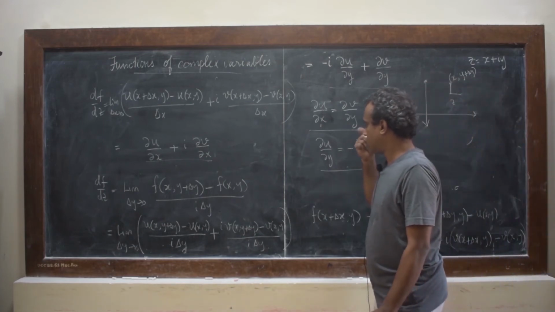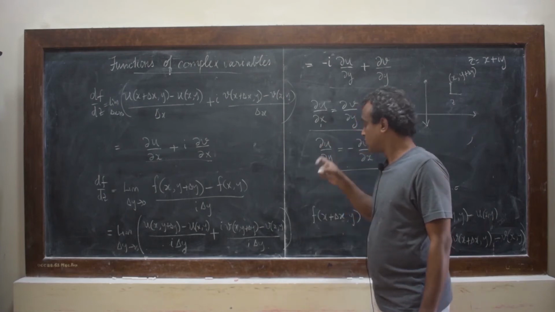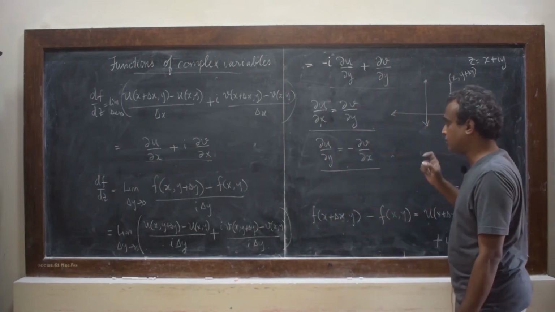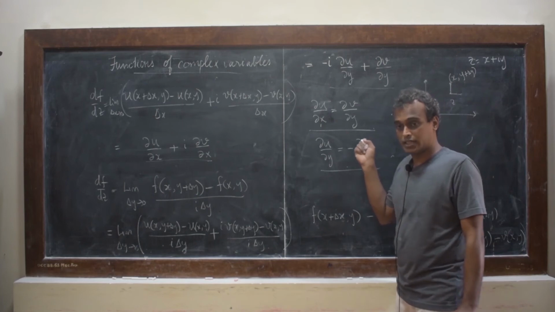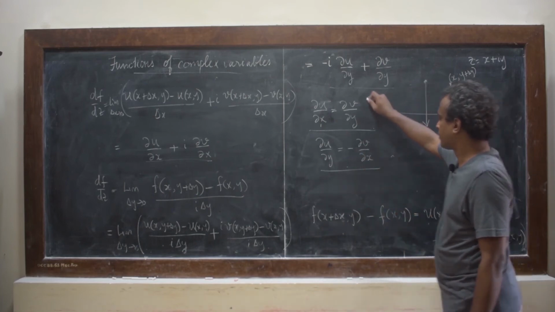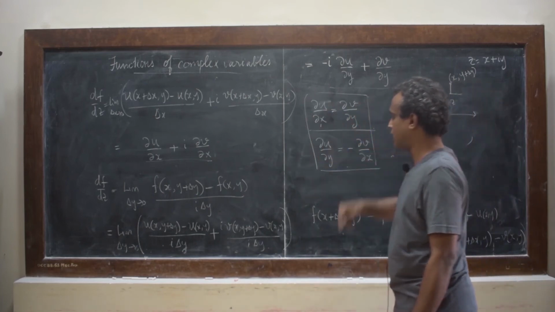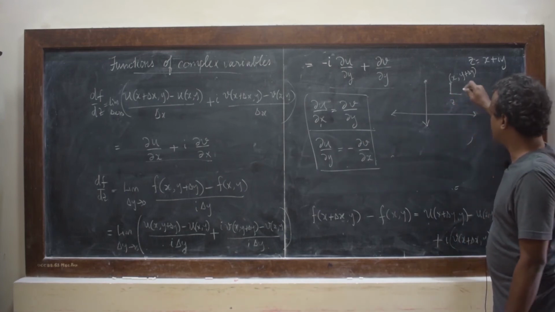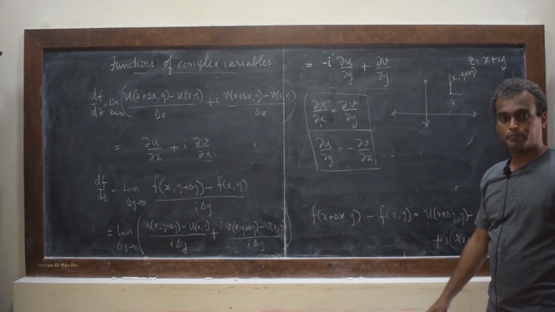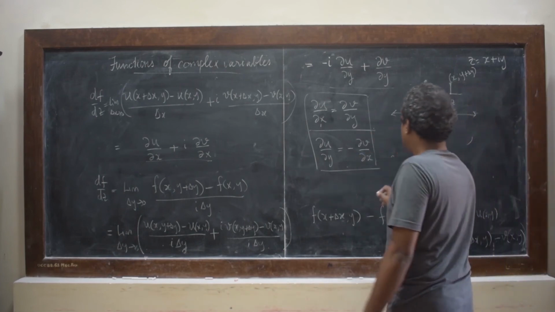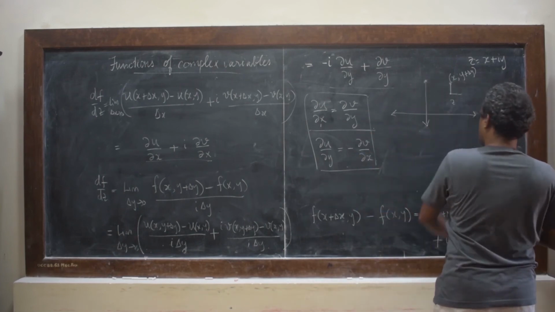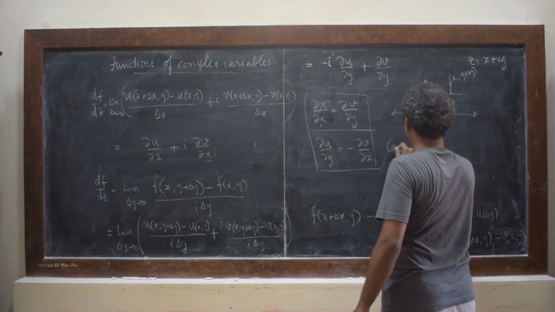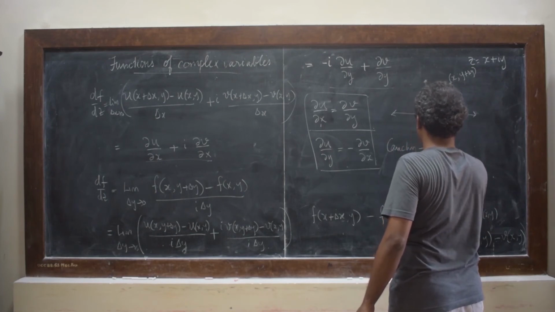Second, the partial derivative of u with respect to y must be equal to minus the partial derivative of v with respect to x. If these two conditions are satisfied, then we can say that the function has a unique derivative at the point z.